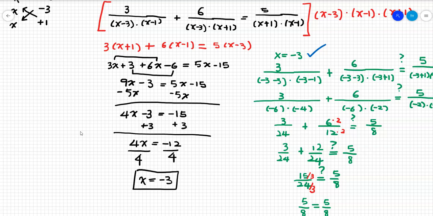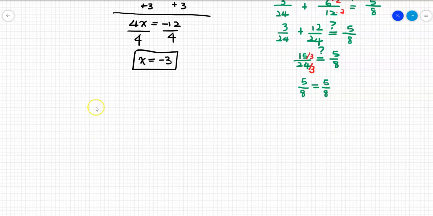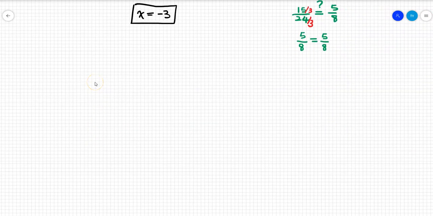So everything you see in the denominator, you write once, and that's going to be the quantity that you're going to have to multiply all 3 sides. Usually 3 sides, and then you solve for x or the unknown, and then you have to make sure that you check your answer.